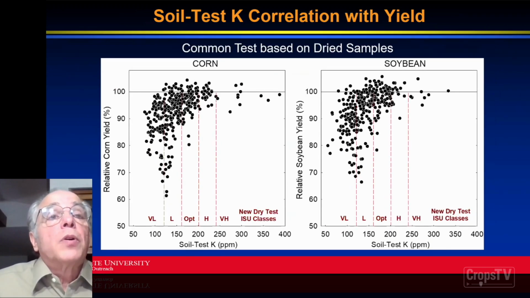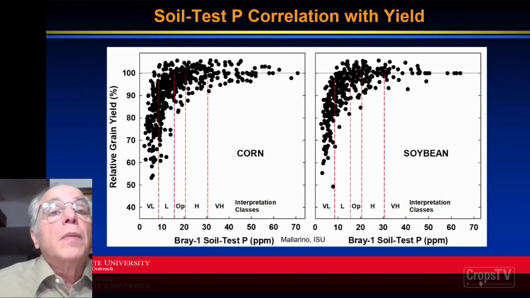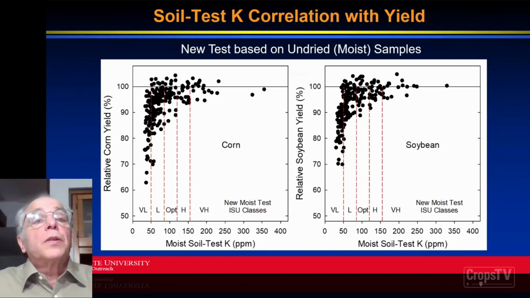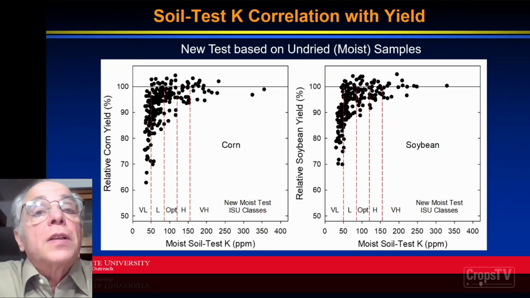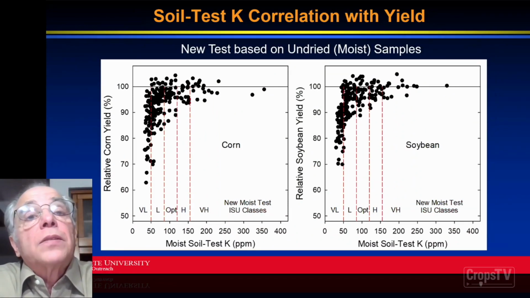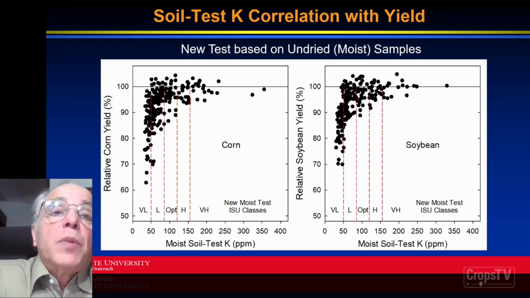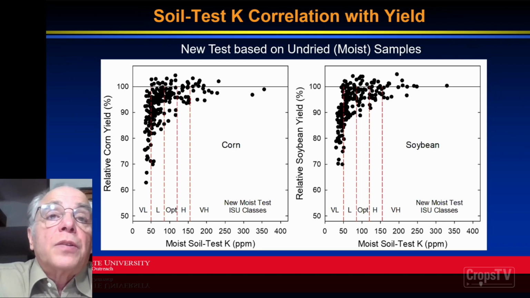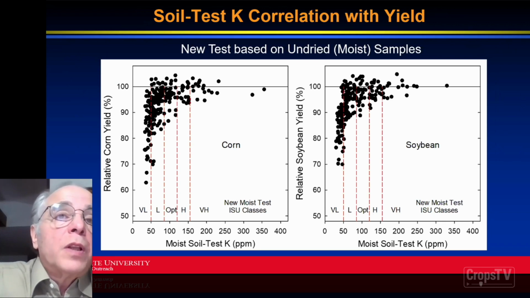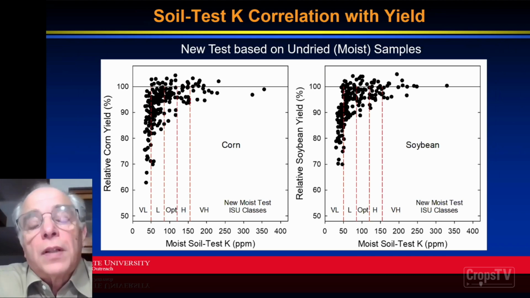This is the potassium. Oops, sorry, my mouse is playing tricks on me. This is the soil test, the moist test for potassium in corn and soybean, and it's a bit better than the tissue test in terms of defining when we need or don't need additional fertilization.